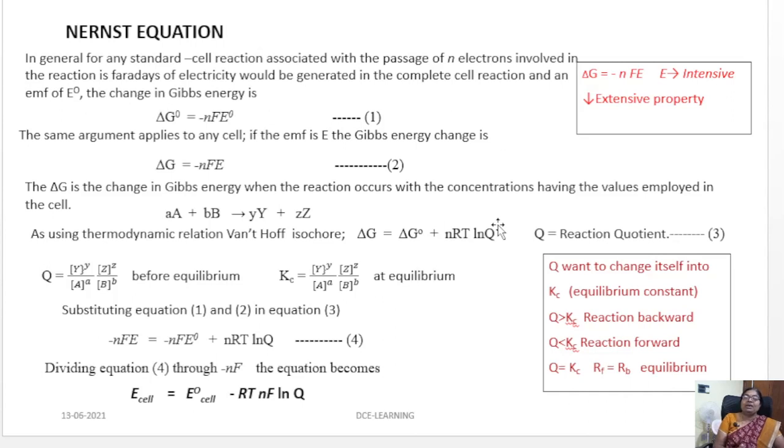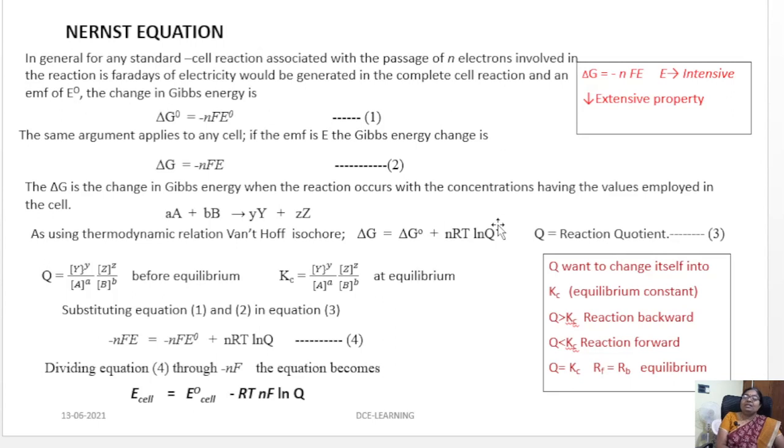Reaction quotient means before equilibrium, and at equilibrium, if I apply the law of mass action, the ratio of the concentrations of the products to the reactants at equilibrium is equal to Kc, the equilibrium constant.